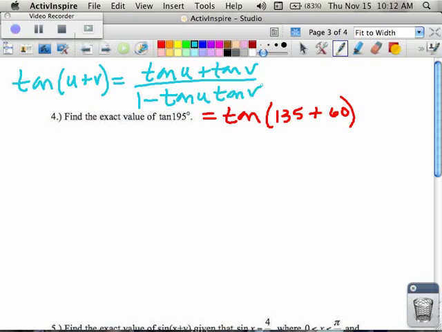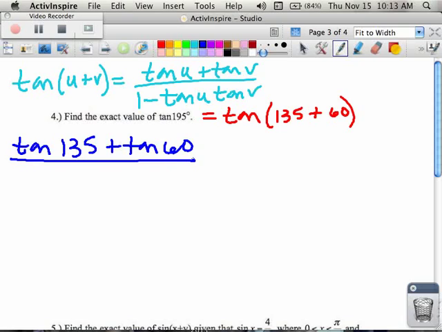So I'm now going to have the tangent of 135 plus the tangent of 60 divided by 1 minus the tangent of 135 times the tangent of 60.